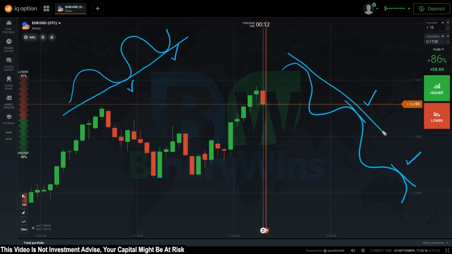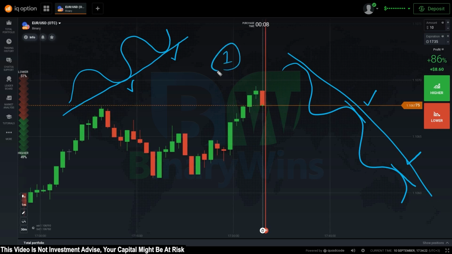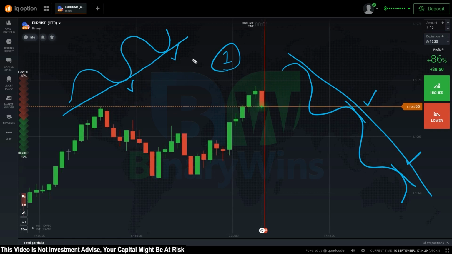So, this pattern in the first law should be used in the direction of the trend. And this law is really important.